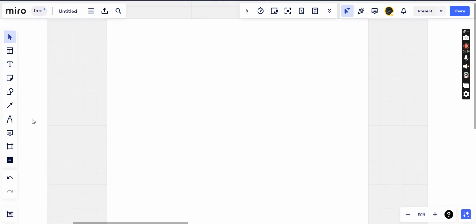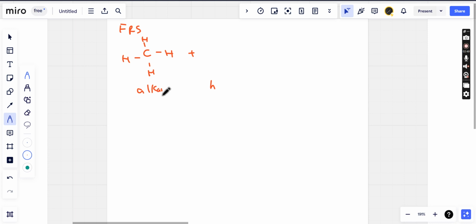And the next is the most important one, which is FRS. So FRS is essentially where you take an alkane. So let's say I have methane here, and then you react it with halogens, either Cl2 or Br2, and then you will form a halogenoalkane.